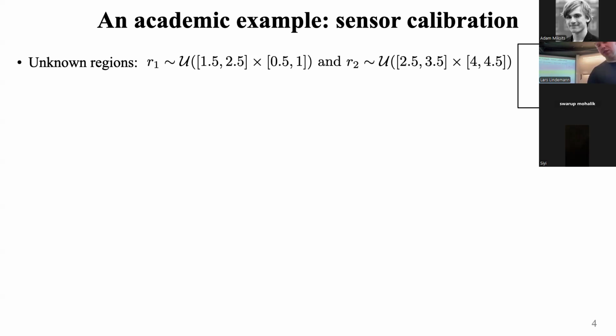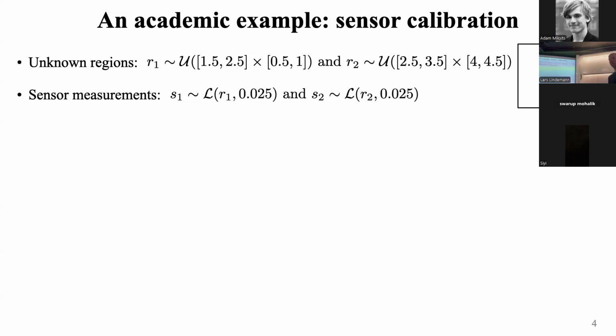These are unknown regions, but we have sensors that approximately give us R1 and R2 with some variance. We call these sensor measurements S1 and S2. They follow a Laplacian distribution. We just picked this because we wanted a simple example, and we put some variance on top of it. So in this case, if we make sensor measurements, they could be slightly off over here.